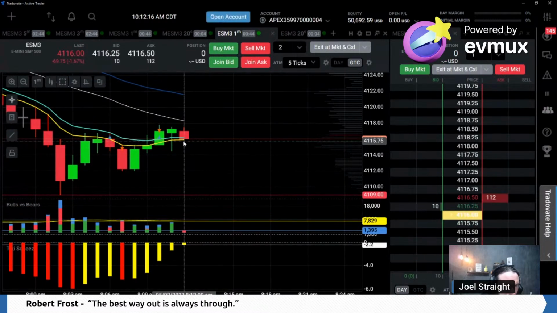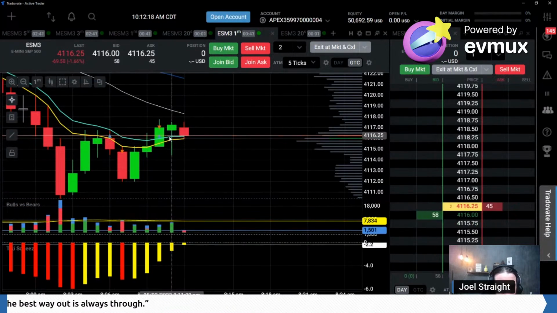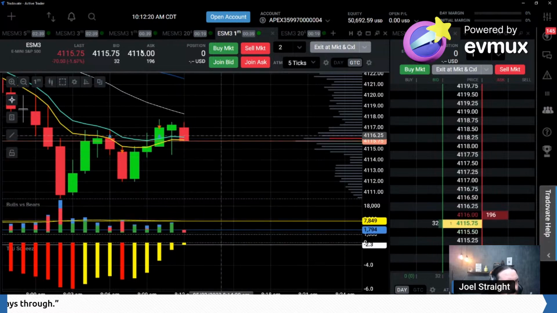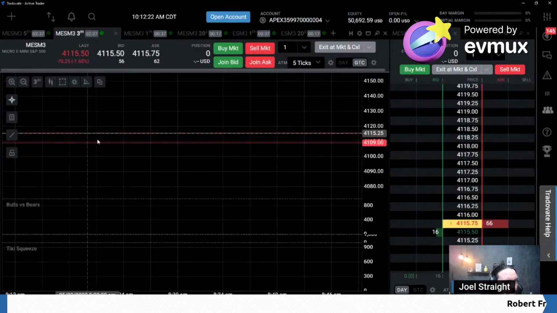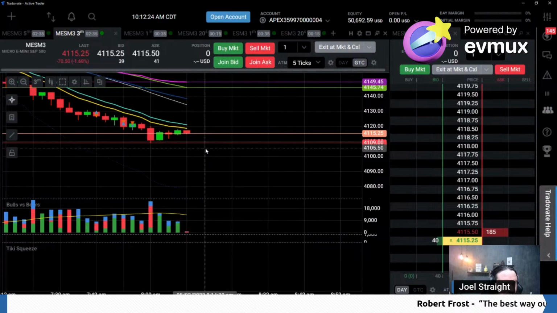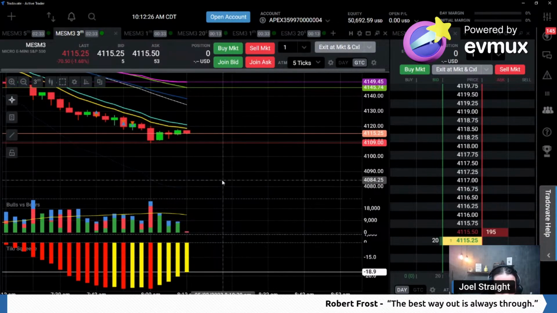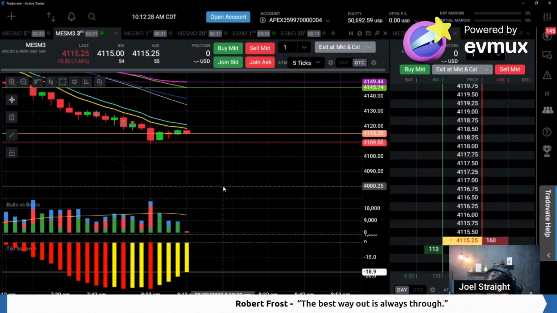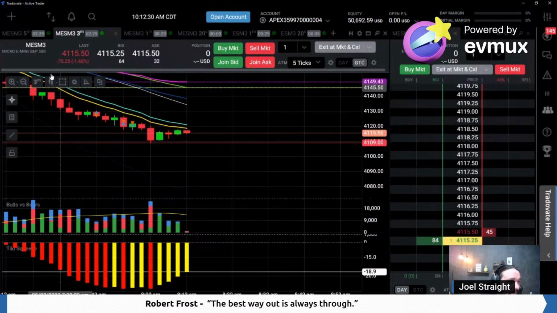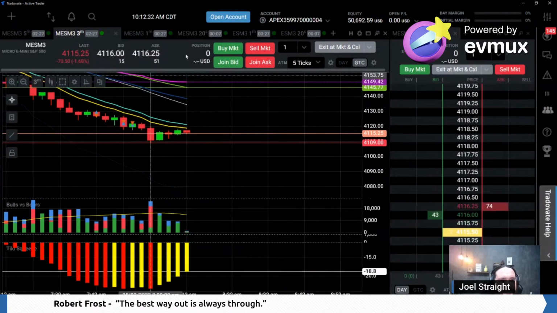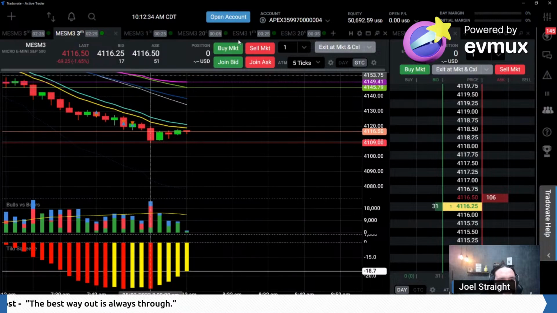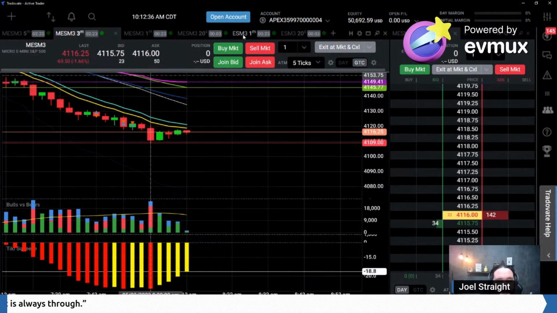Put a green hammer candle on this. Let's take a look at the 3 minute chart. TTM is at -18.9. Jeez. So much downward force.